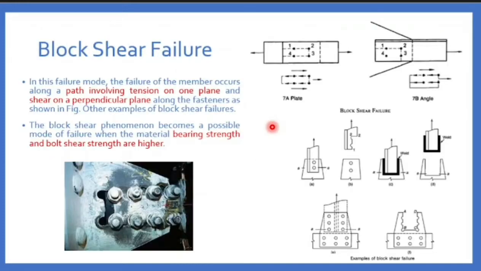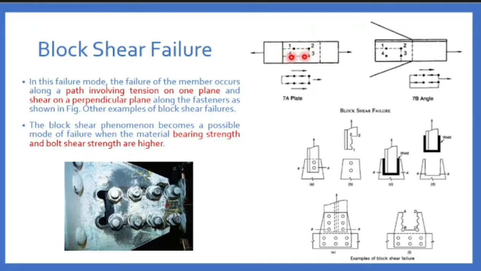Third type of failure is block shear failure, the mode of failure where the majority of steel structures fail. Can you see this connection? This is a gusset plate, and in the gusset plate a member is being connected with 8 bolts. If the force is large, what happens? There is an area which is the line given here, 1, 2, 3, 4.